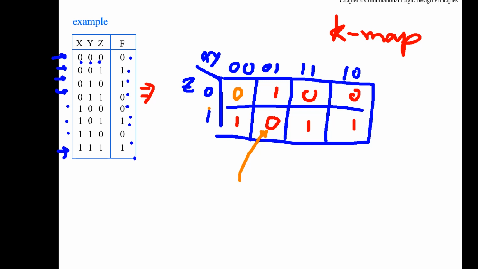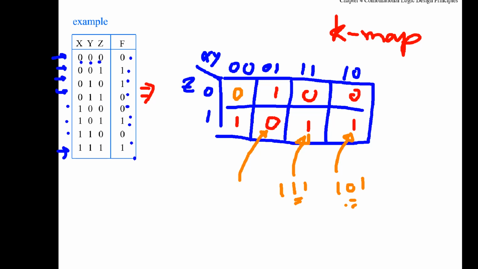And note the input values of adjacent cells. For example, this cell input is 111, this cell input is 101. The input values of adjacent cells will differ in only one bit.